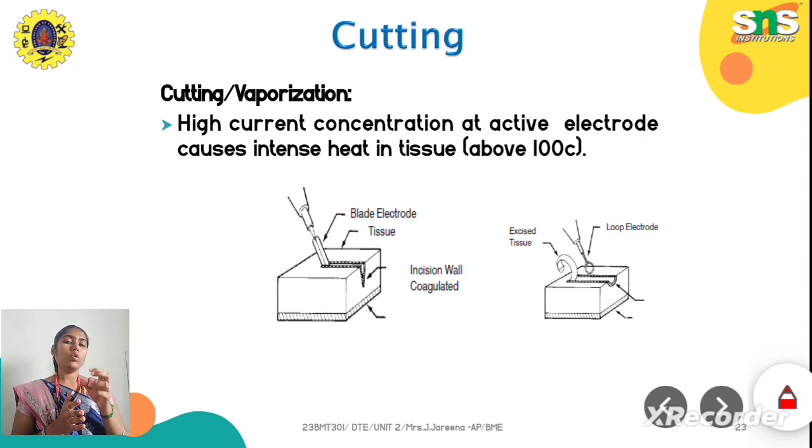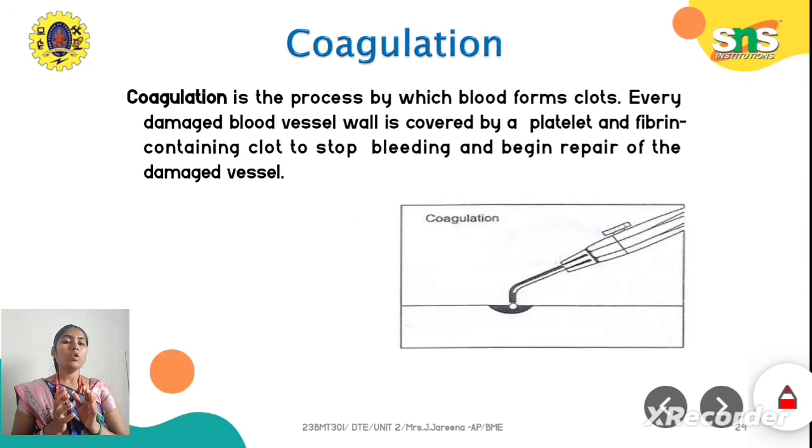Moreover, since the temperature intensity over the contact area is above 100 degrees Celsius, the cells underneath this electrode, at the point of contact, will get boiled and ruptured, so the cutting process happens. This is the mechanism of the cutting process.